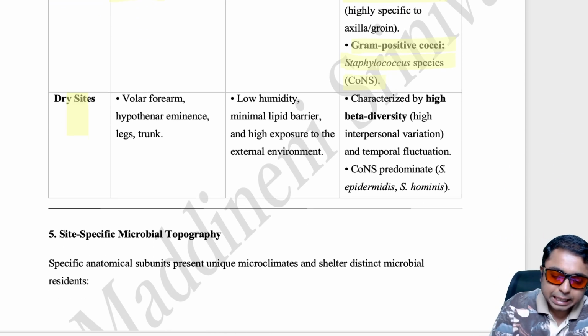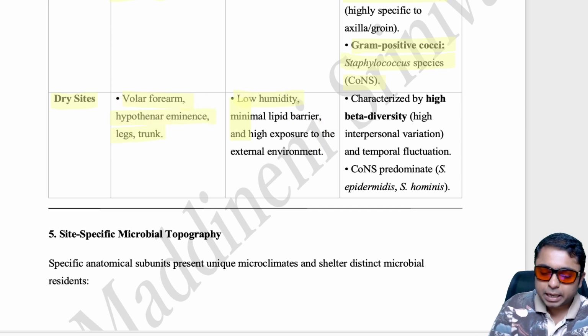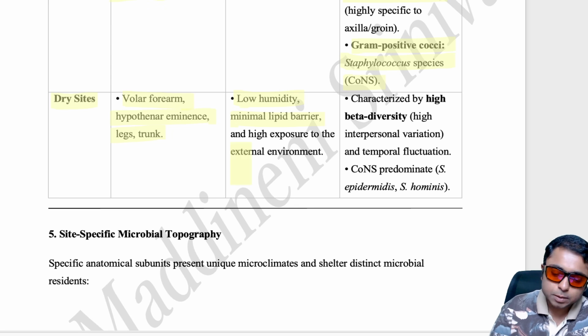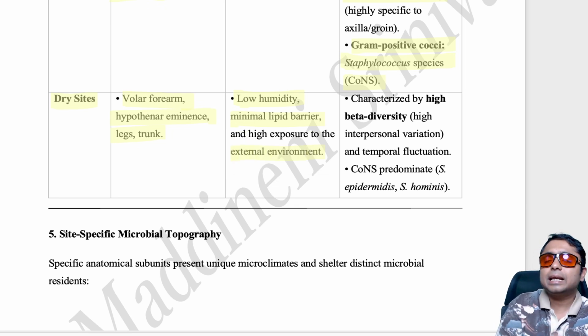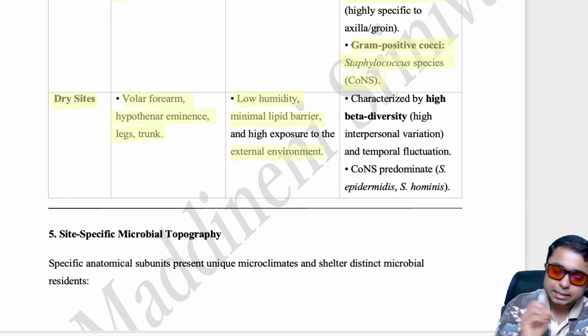Coming to the dry sites, what are these areas which are not having enough sweat glands and also sebaceous glands? So volar forearm, hypothenar eminence, legs and the trunk. So there is low humidity, minimal lipid barrier will be there, and high exposure to the external environment. These are the characteristics which are very clearly seen in the dry sites.